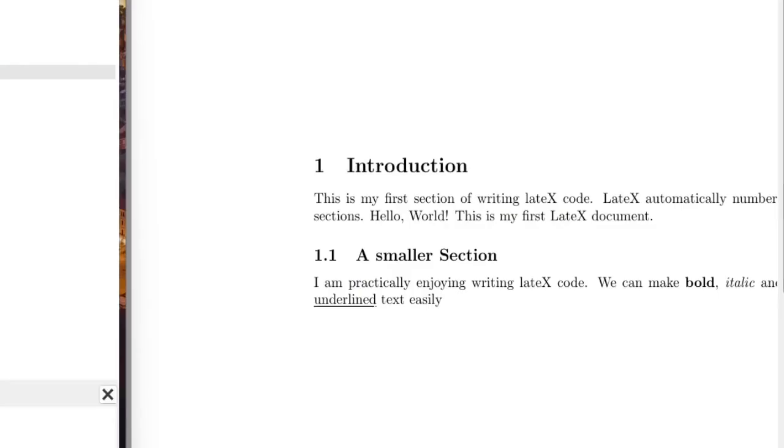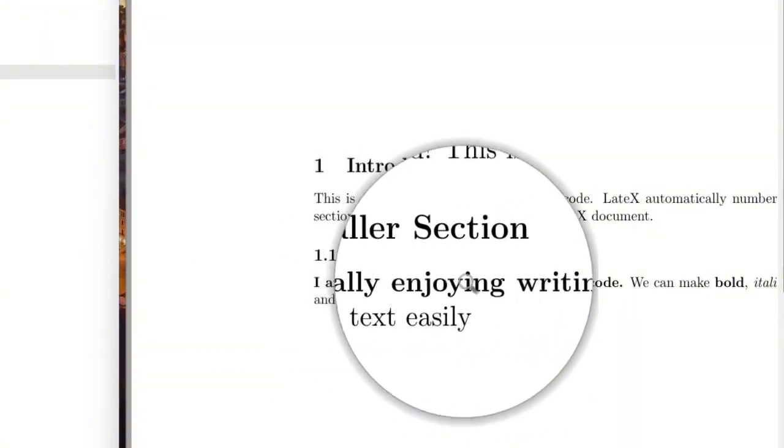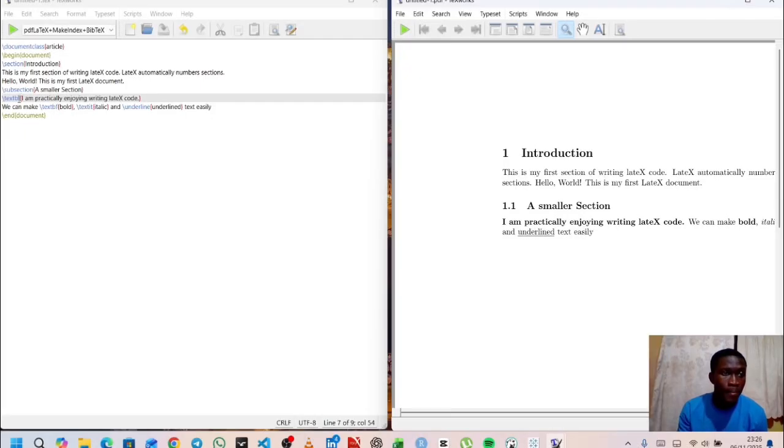Run that, and we can see that it's now bold. Very simple as that. So the more you play around with the code combinations, you know when to use some type of formatting.